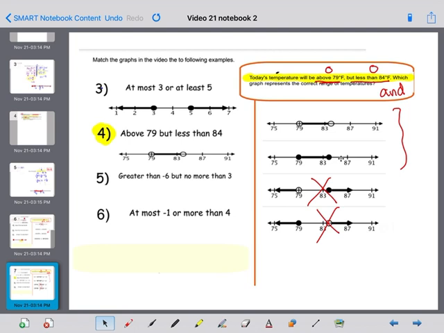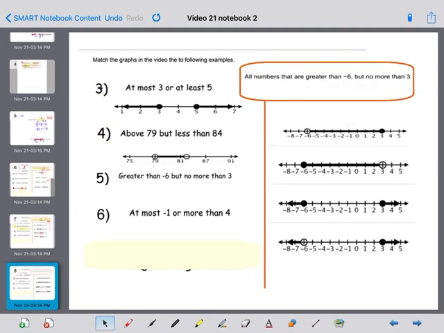And again, when you draw it on your paper, all you need to have is the 79 and the 84 actually, and the number line and the shading. You don't have to write in all the other numbers, but we do want to see the picture underneath 4 that matches the description.